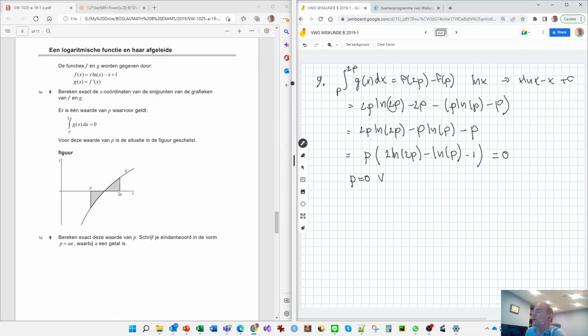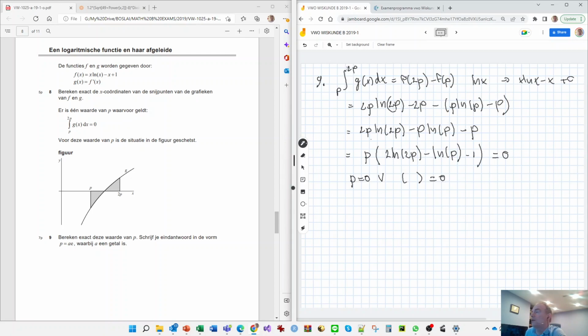So I write this, well, or that thing is 0. Can p be 0? Well, obviously, yeah, if p is 0, the lower and upper boundary are the same. So that's kind of a trivial solution.